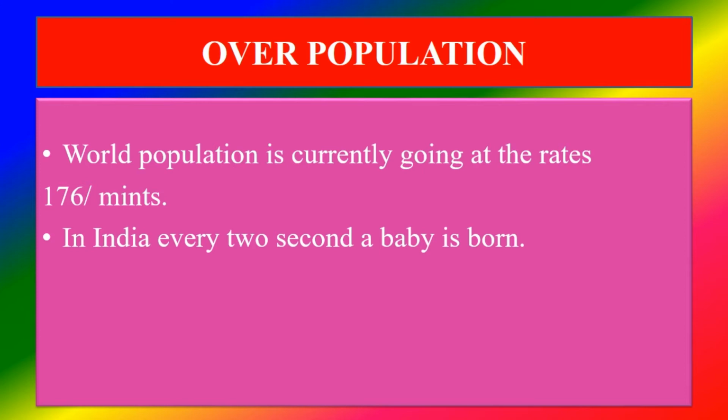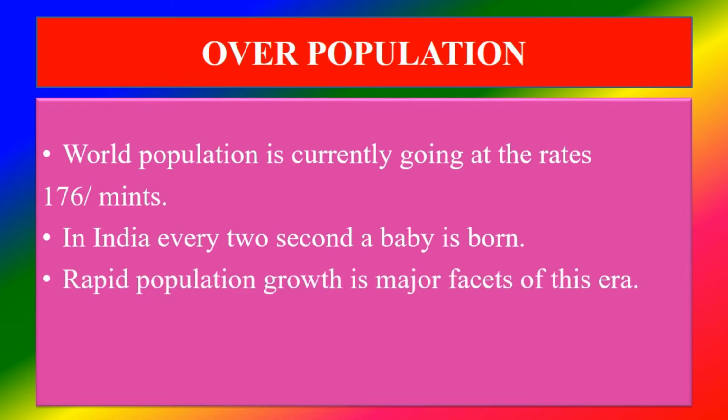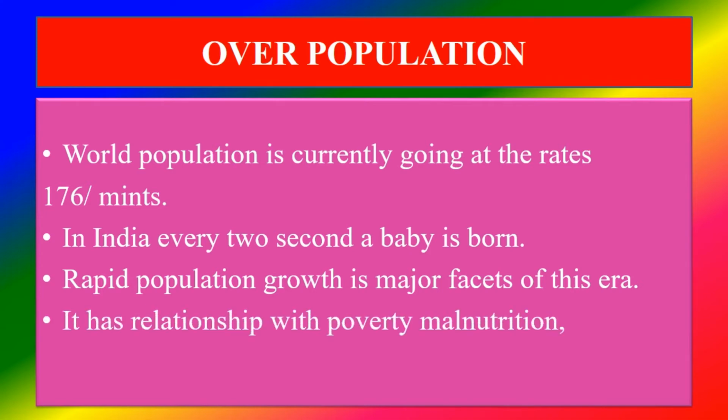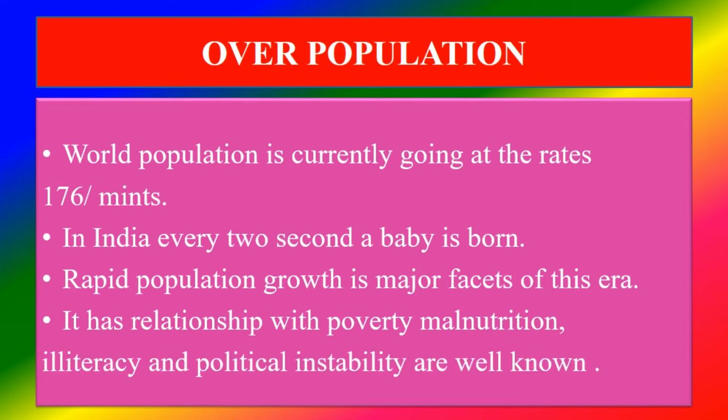In India, every 2 seconds a baby is born. Rapid population growth is a major facet of this era. Its relationship with poverty, malnutrition, illiteracy, and political instability is well known.